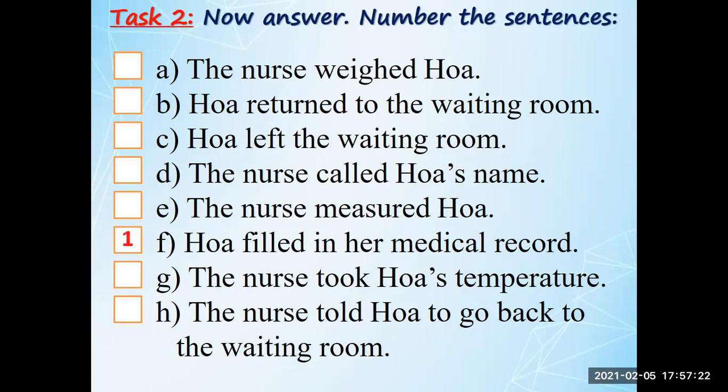Number 1 with letter F. Number 2 with letter D. Number 3 with letter C. Number 4, letter G. Number 5 with letter E. Number 6 with letter A. Number 7 with letter H. And the last one, number 8 with letter B.